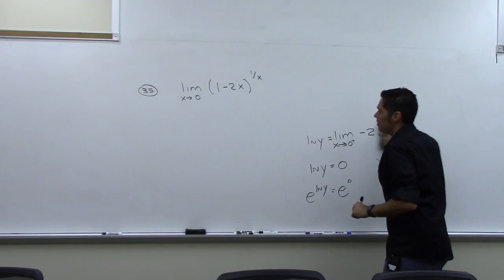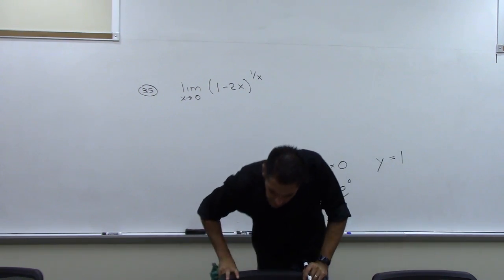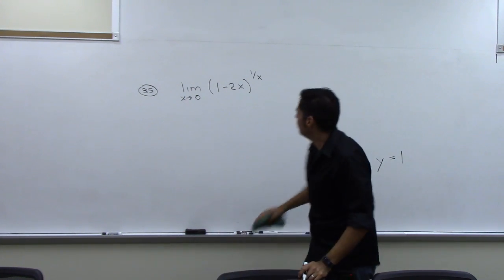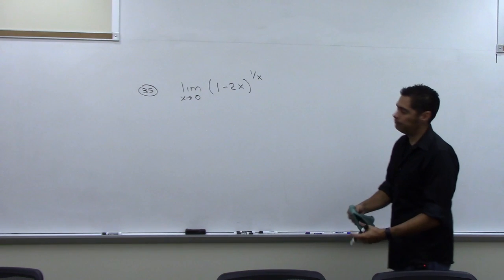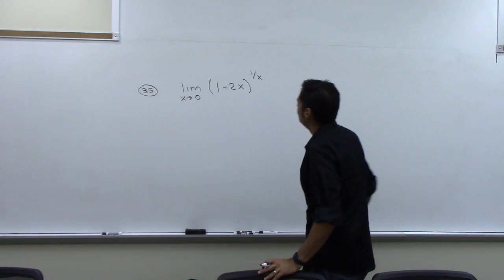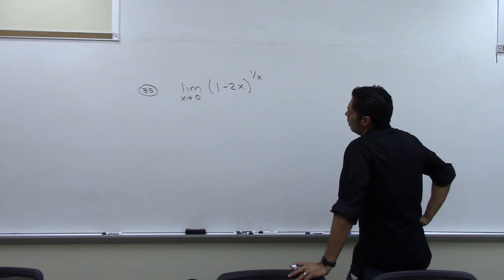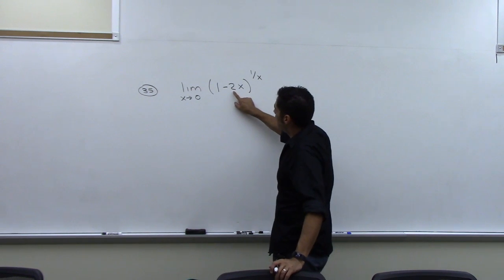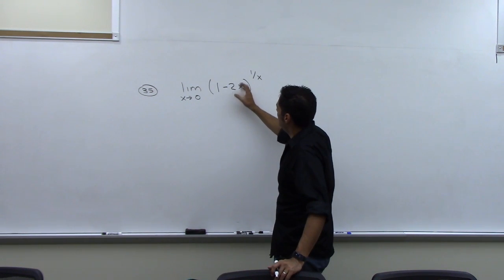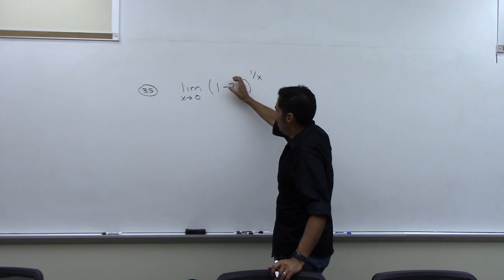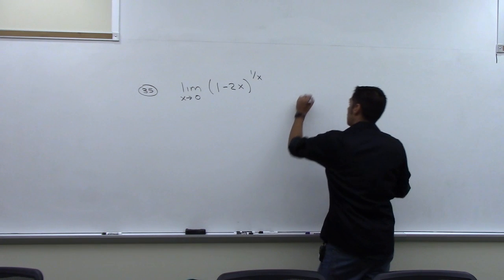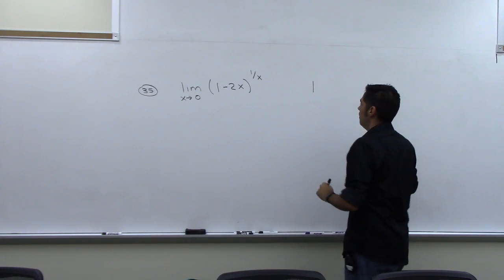So let's see what happens as x approaches 0. In here, as x approaches 0, this is going to become very small, right? That's going to approach 0, and 1 minus 0, that's going to be approaching 1. So the base is wanting to be 1.